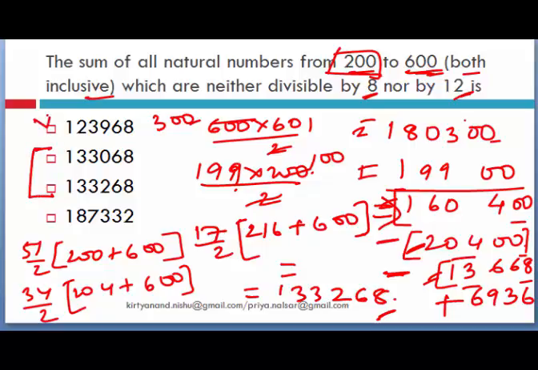So you can easily eliminate this and this, and these are two very close options. Therefore you have to solve this question properly. You cannot really do a guessing thing. There is only a difference of 200, okay, between these two options, and therefore you have to solve the problem completely. You cannot really take a guess. If you have a better way of solving this problem, just let me know.